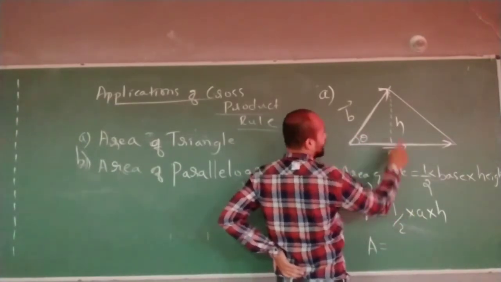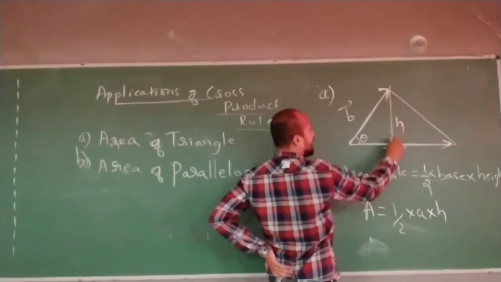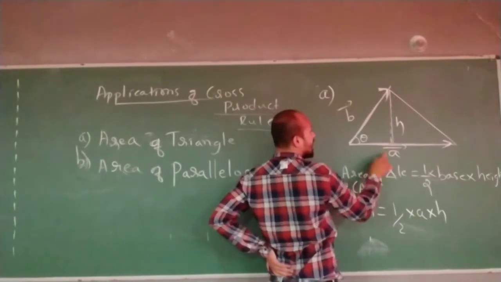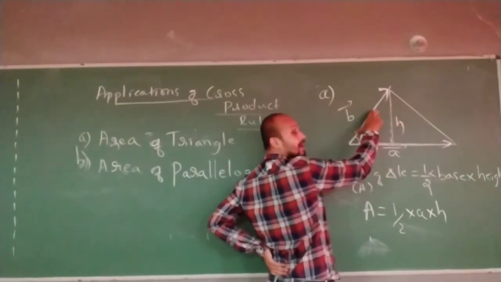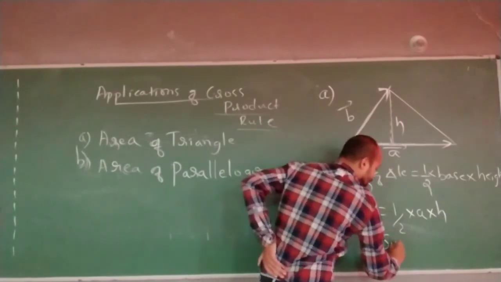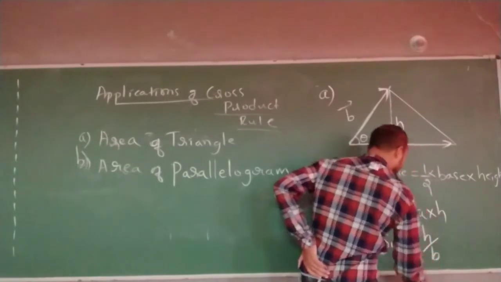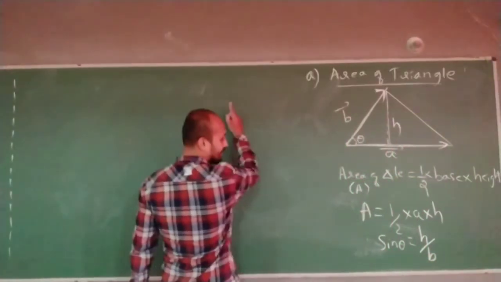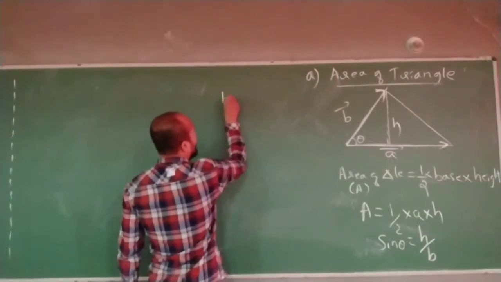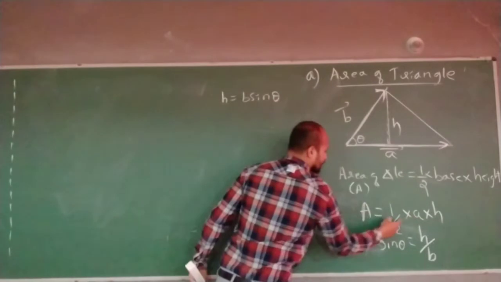If this is H, if you look at this triangle, sin theta is equal to opposite by hypotenuse. Sin theta is equal to opposite H by B. So H is equal to B sin theta.